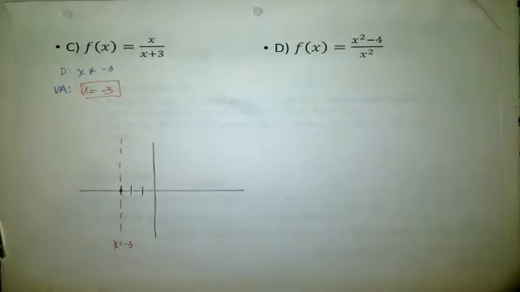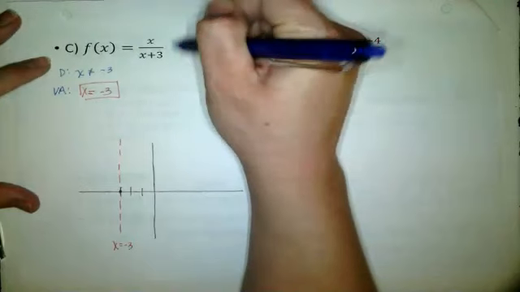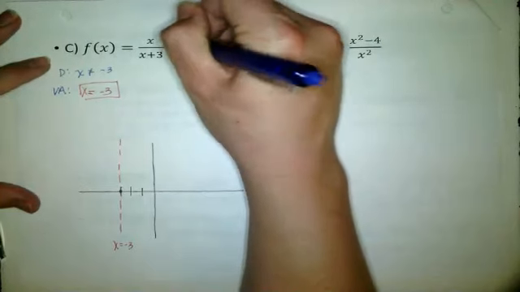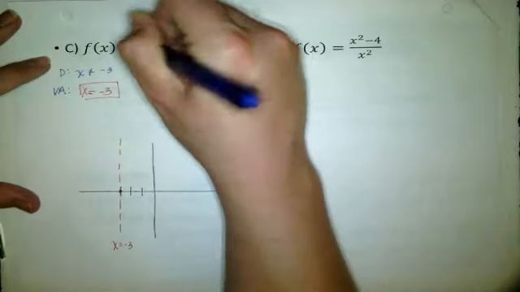Now, for the horizontal asymptote, this is a great method for figuring out those horizontal asymptotes. And the reason I like it is because you're going to see this method again in calculus. We've got lots of x's going on here, so we're going to divide through everything by x.